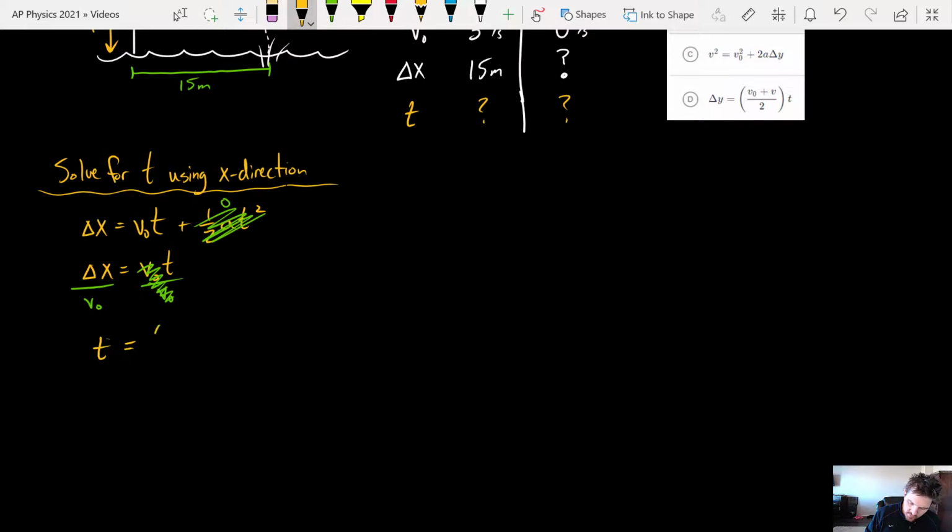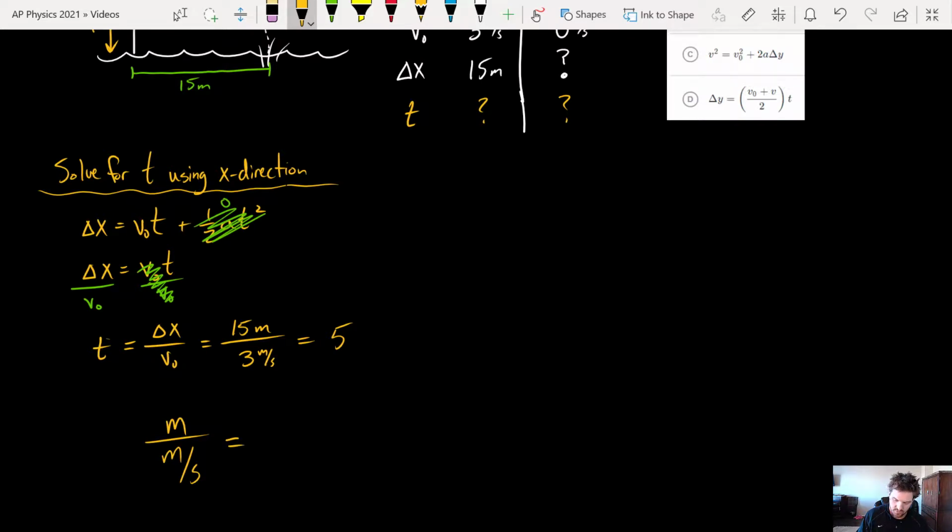Time is equal to delta x over velocity. Well, it went 15 meters, and it was going 3 meters per second. So we do a little math, 15 over 3. That gives me 5. And if you simplify these units, meters over meters per second, I have a fraction in the denominator.